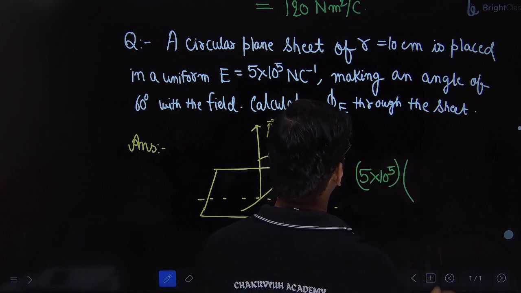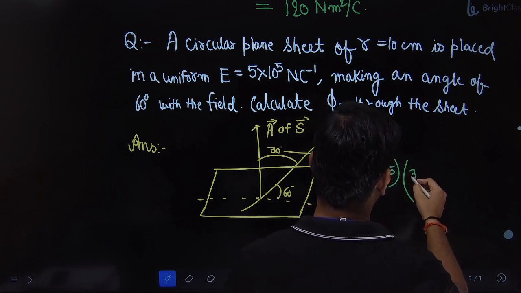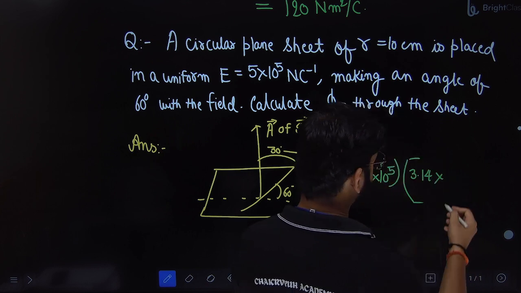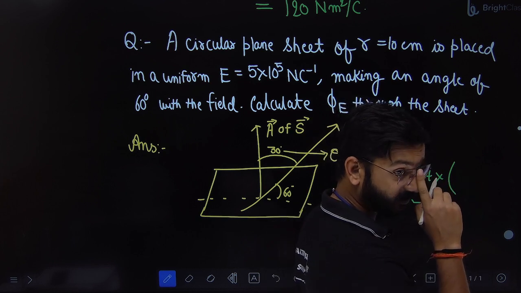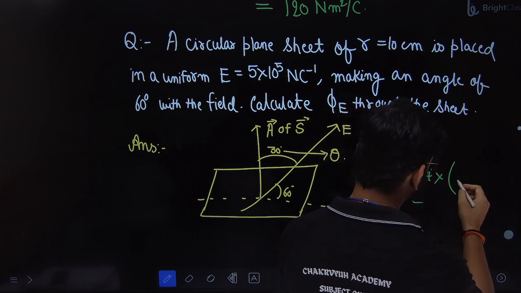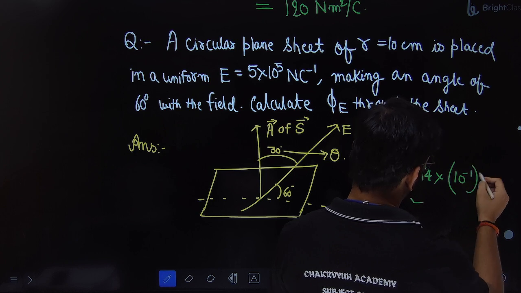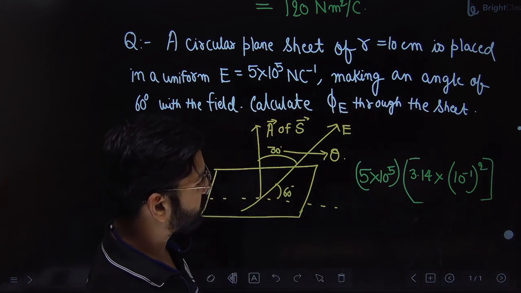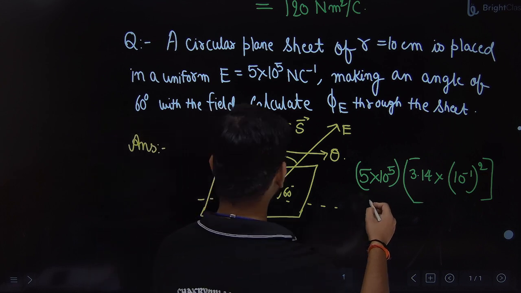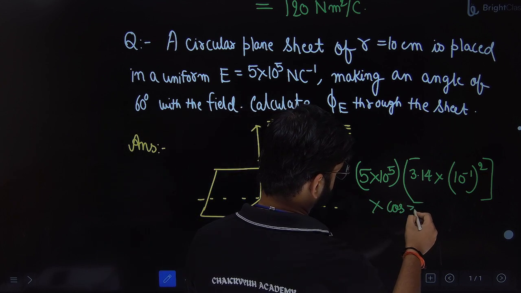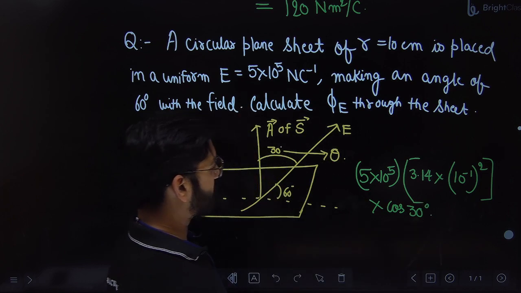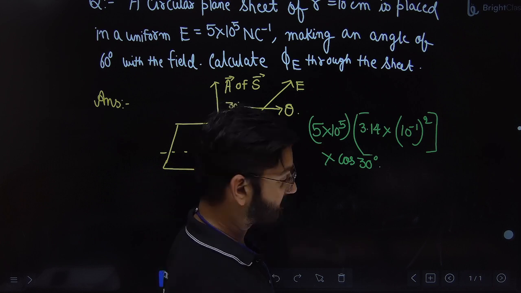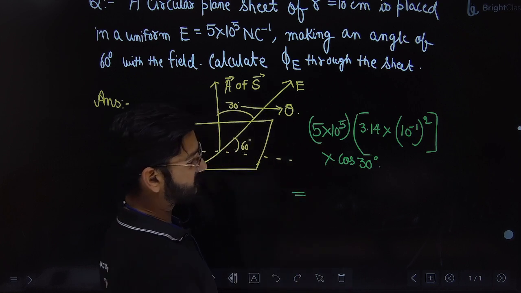Then surface area pi r square. So 3.14 into r square. So what is r? 10 centimeters. So that will be how many meter? 10 to the power minus 1. 10 into 10 to the power minus 2. So pi r square. Anything else missing? Cos 30. So cos 30 is how much? 1.36.